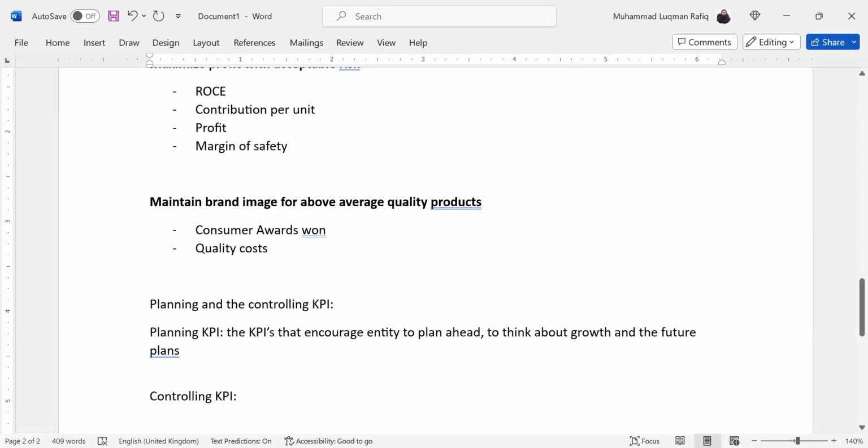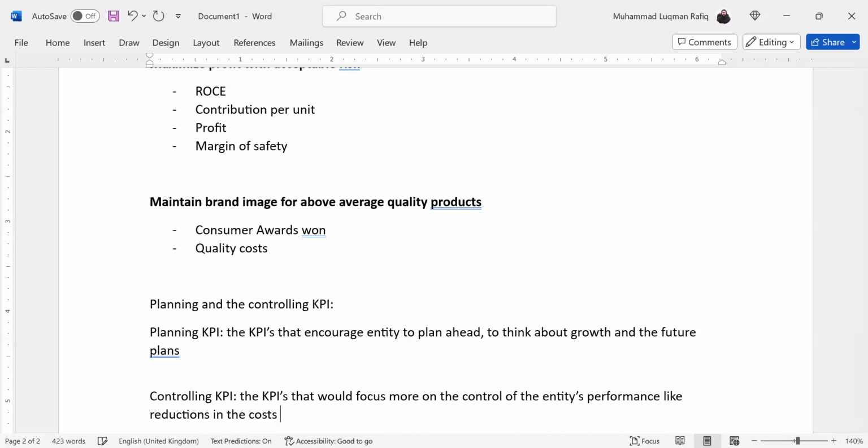Whereas the controlling KPIs are the KPIs that would focus more on the control of the entity's performance, like reductions in the cost and the focus on profitability.